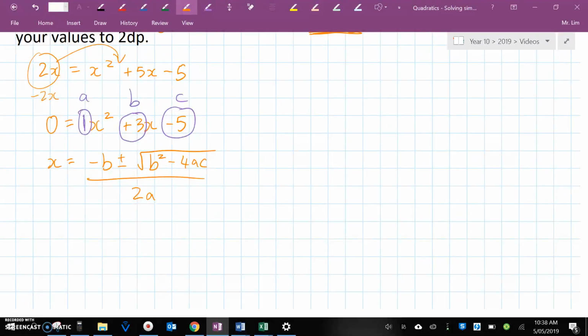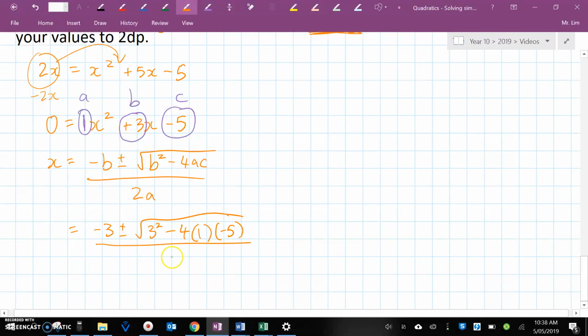So let's substitute that in. Minus 3 plus or minus the square root of 3 squared minus 4 times 1 times minus 5, all over 2 times 1.